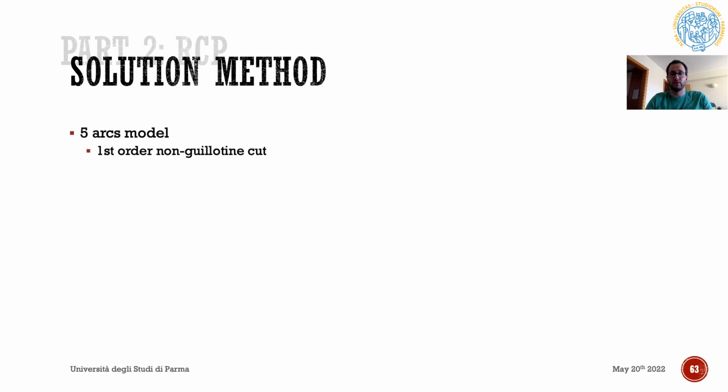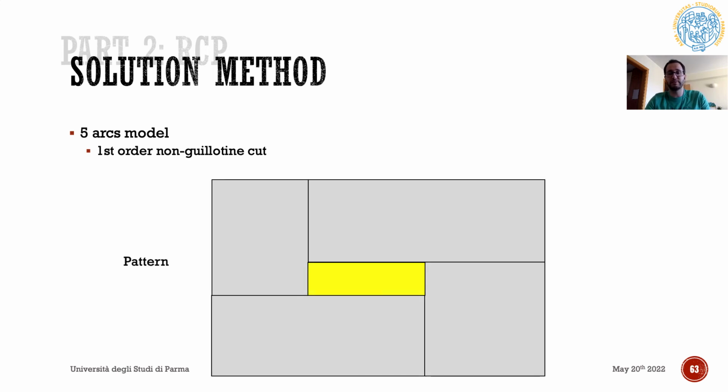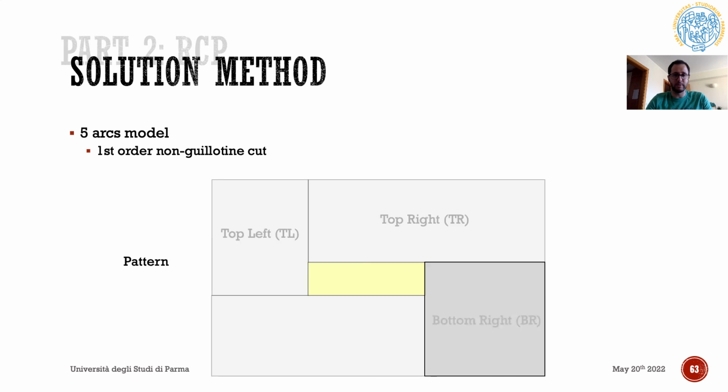First, to solve the problem with non-guillotine cuts, we've proposed the 5-arcs model. It's called so because this model is based on the first-order non-guillotine pattern, in which a packing is composed of 5 items arranged in this disposition: top left, top right, bottom left, bottom right, and center.